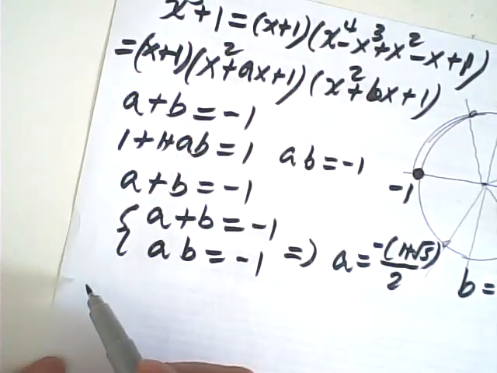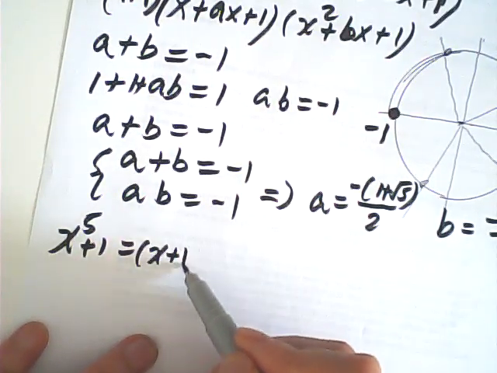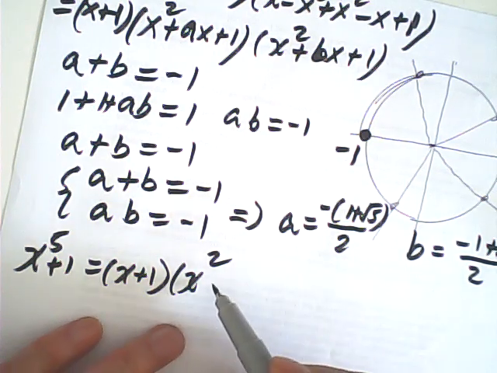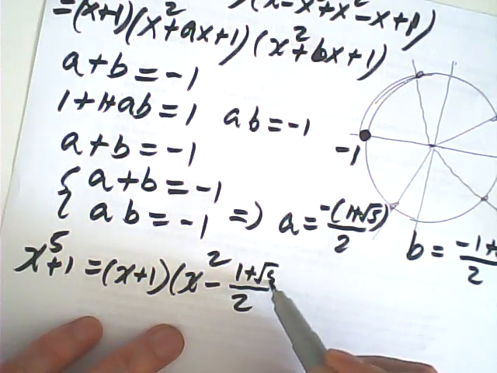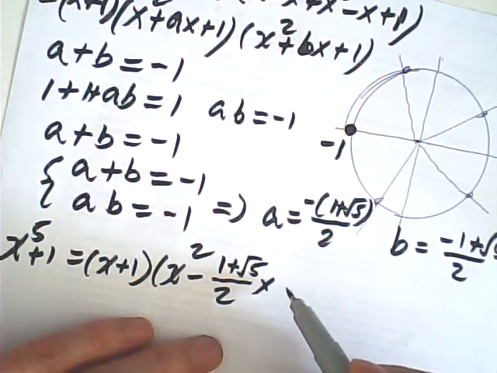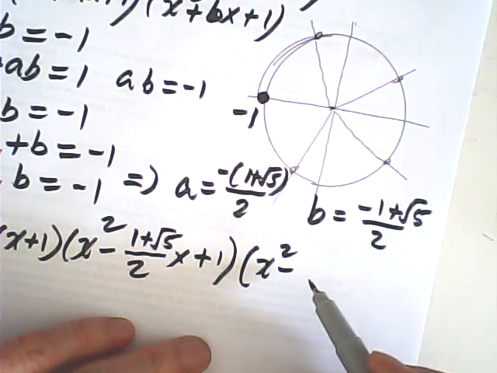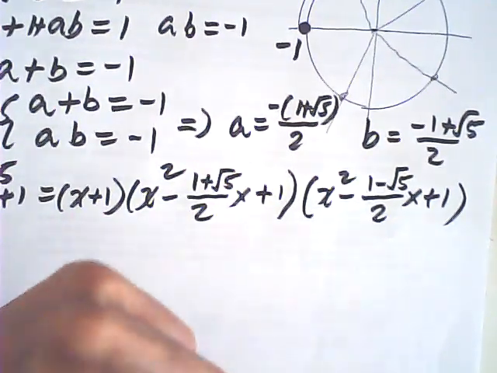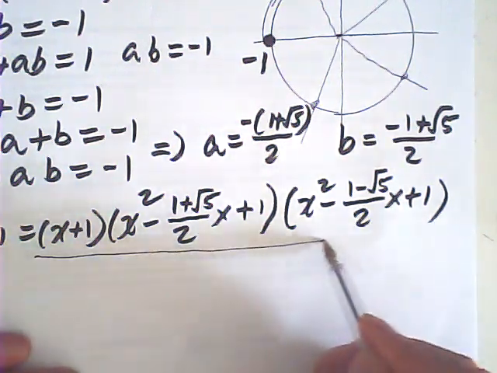So my polynomial can now be factored as x plus 1, times x squared minus (1 plus root 5) over 2 times x plus 1, and x squared minus (1 minus root 5) over 2 times x plus 1. Good. So finally I factorized this.